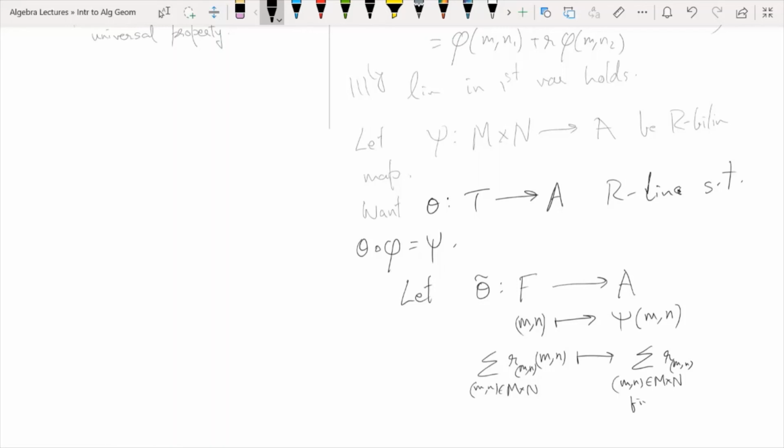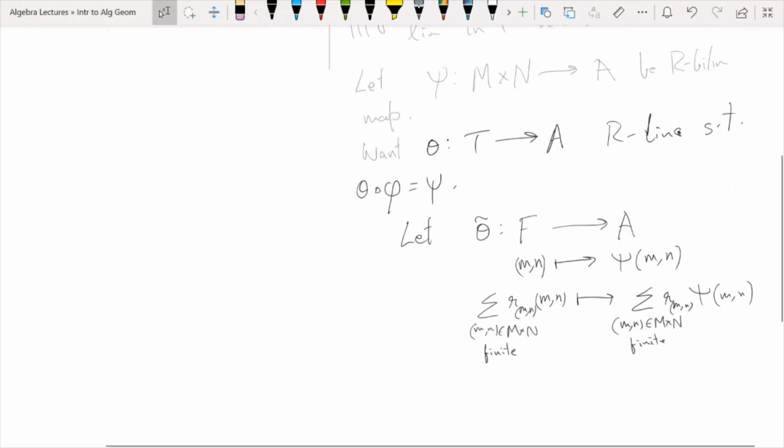Maybe I should write finite here. You only take finitely many of them, or you declare most of these r to be 0, whatever you like. So this is the definition of theta tilde.